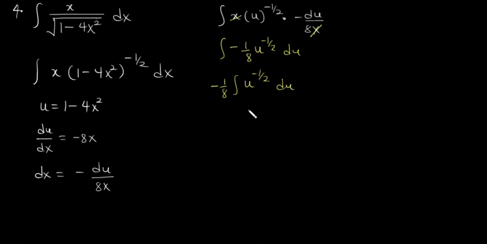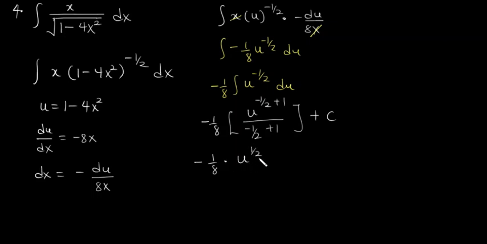So let's simplify this and see. We're going to have minus 1 on 8 multiplying u to the power of minus 1 on 2 plus 1, divided by minus 1 on 2 plus 1, plus the constant of integration C. At the end you're going to have minus 1 on 8 multiplying u to the power half, divided by half.